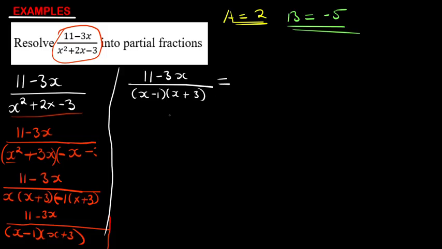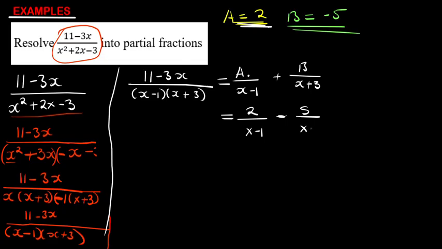In here we said a is equal to the numerator over x minus 1, plus b over x plus 3. Now where there is a, I'll put 2, because we have already calculated it, so it will be 2 over x minus 1. Then b is negative 5, so it will be negative 5 over x plus 3. So that is how you answer this particular type of question.